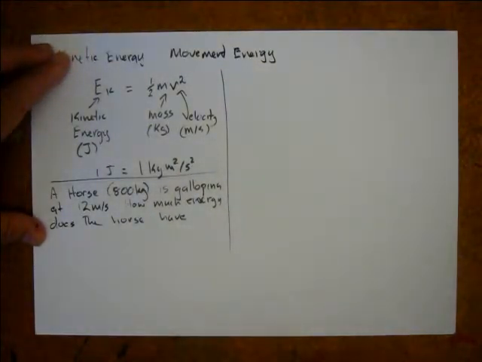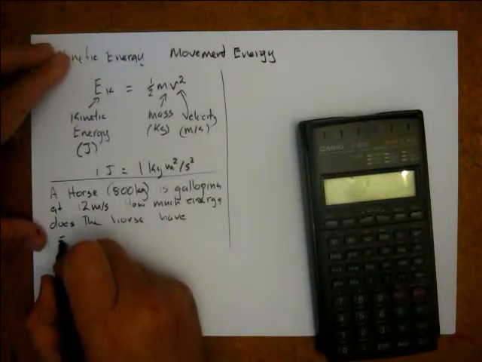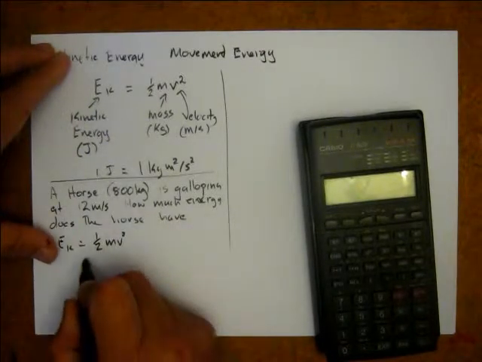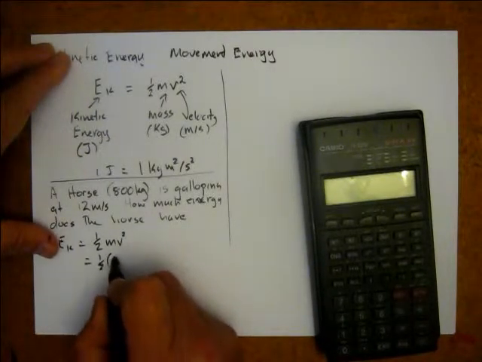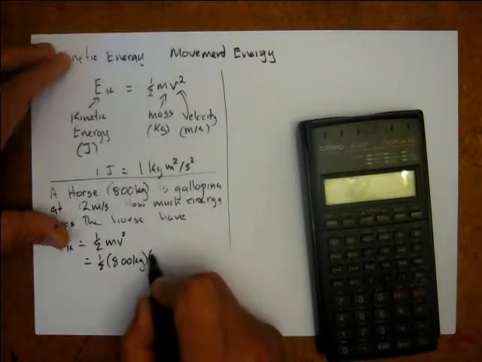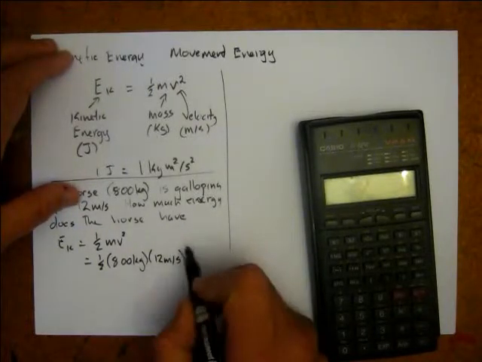So let's try this. EK equals half mv squared, which is equal to half times 800 kgs times the velocity squared. The velocity is 12 meters per second, squared.